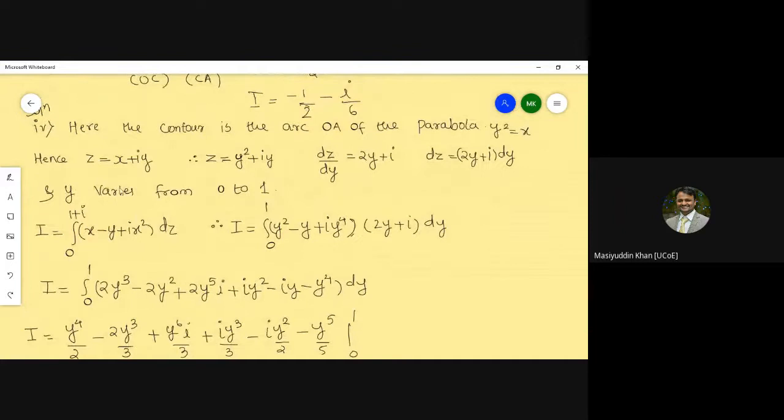Basically you should be aware that in a complex number we have to convert the two variables into one variable. That means we should not integrate in terms of x plus iy, otherwise it will create a problem, because this is not a double integral, this is just a line integral, a contour integral.